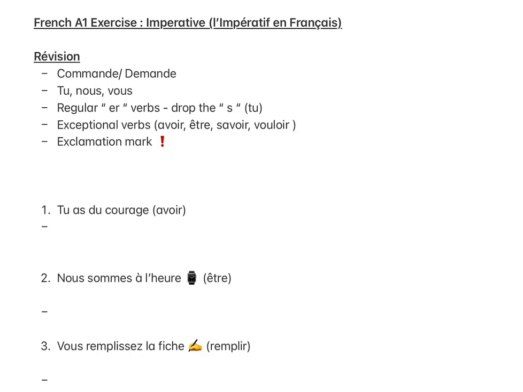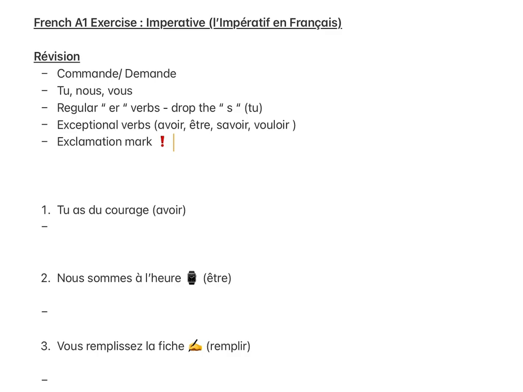Apart from that, we must also remember that there are some exceptional verbs like avoir, être, savoir, and vouloir. And last but not the least, we must remember to put the exclamation mark to make the imperative form.